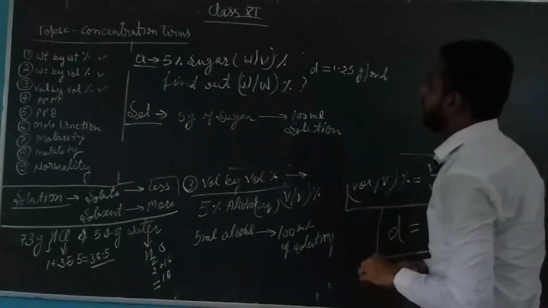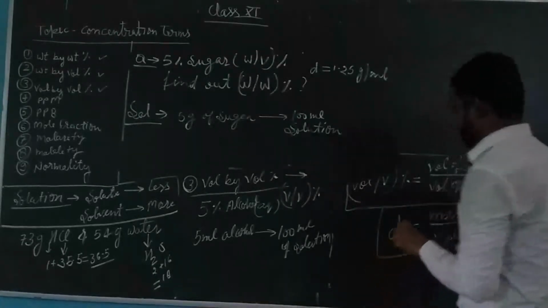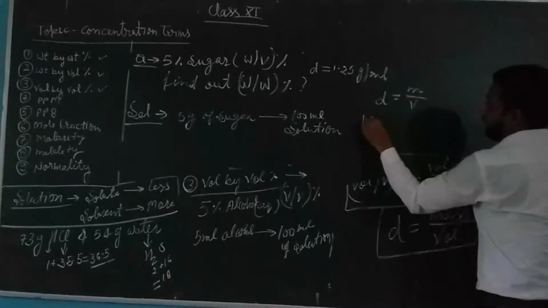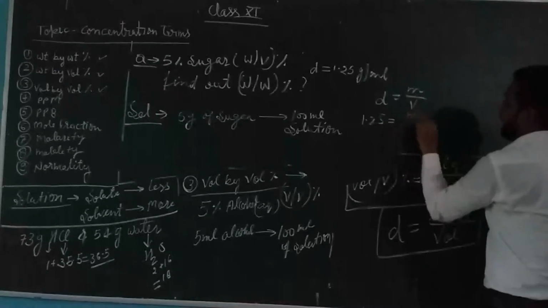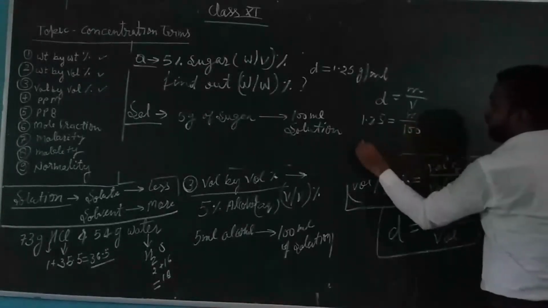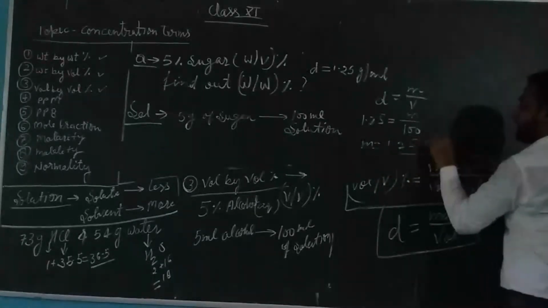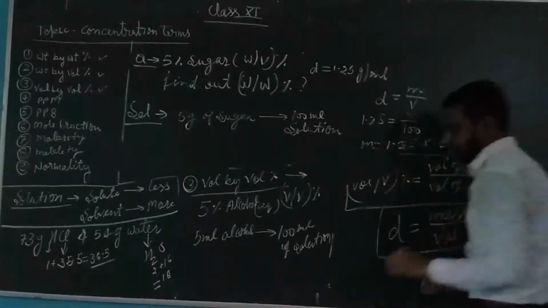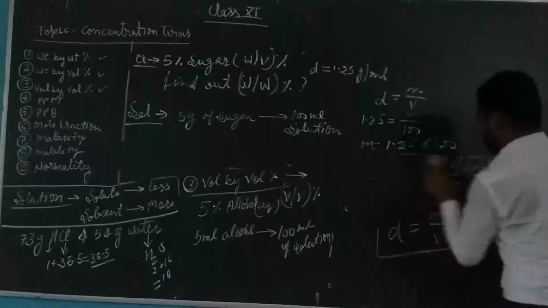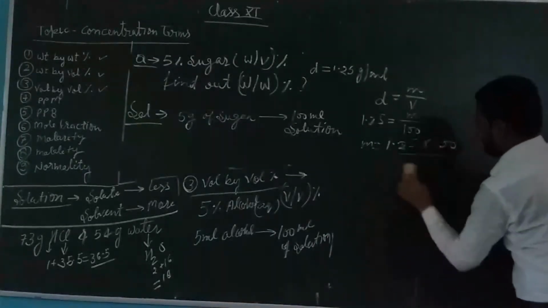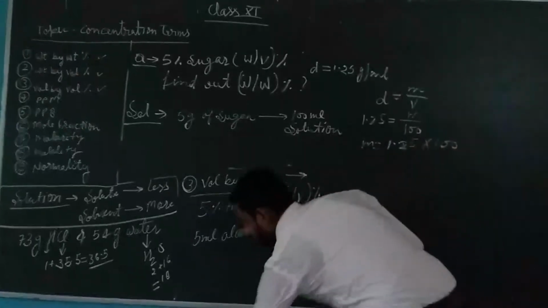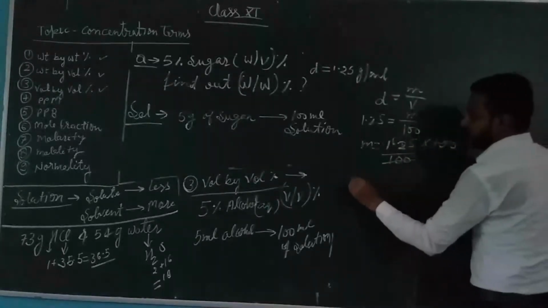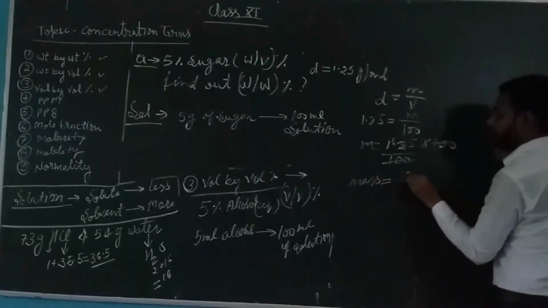So 1.25 is equal to mass upon 100, so mass is equal to 1.25 into 100. Mass of solution is equal to 125 gram.